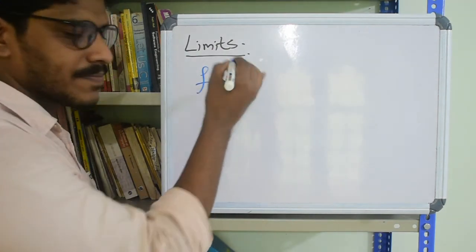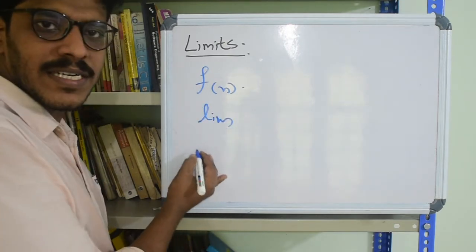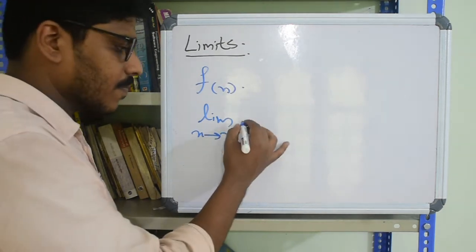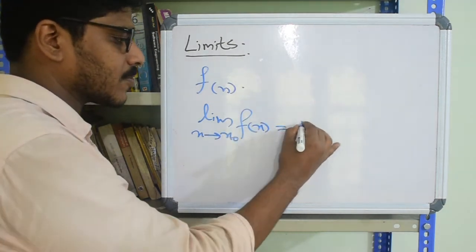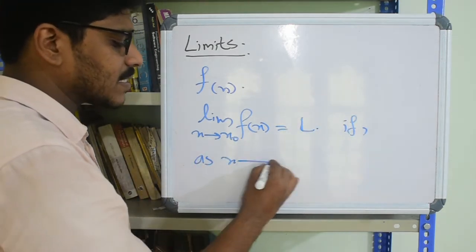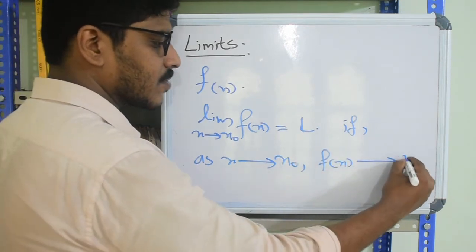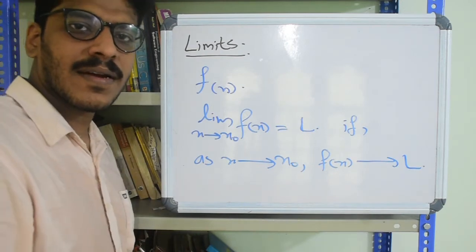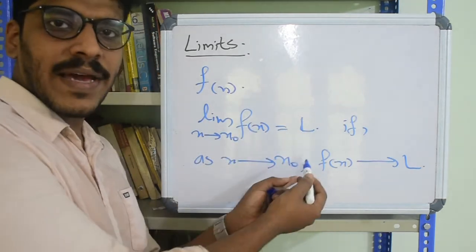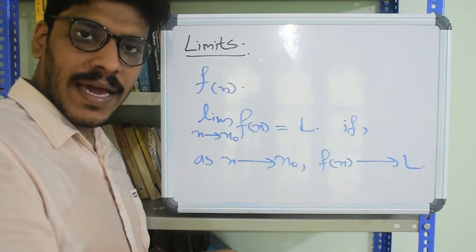This is the customary notation to denote limits: limit as x tends to x0 of f of x equals L, if as x tends to x0, f of x tends to L. So we say the limit equals L if as x moves to x0, f of x goes to L.